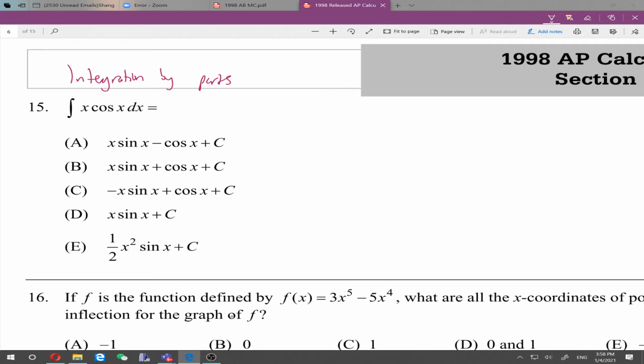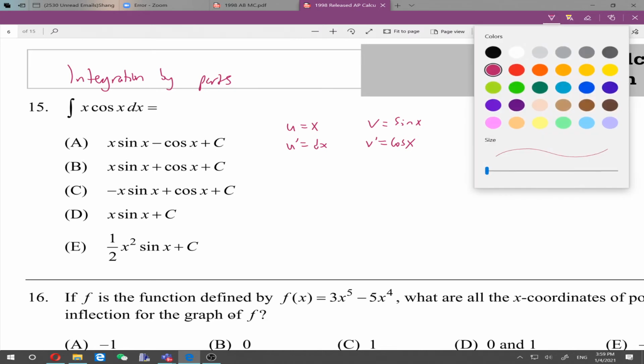And you're right with your formula. What is U and what is V prime? U is x and V prime is cosine x. Okay, that looks good because that means in our next step U prime will become dx, which makes our formula less complicated. It will leave us with just a trig function, which we can integrate directly. So the integral of x cosine x should be equal to what?